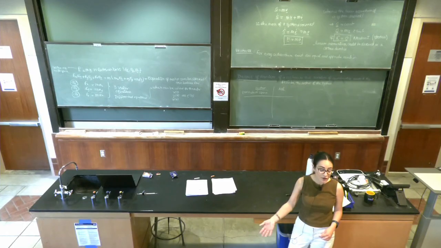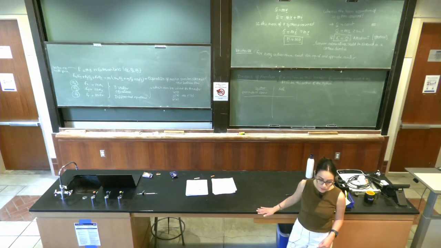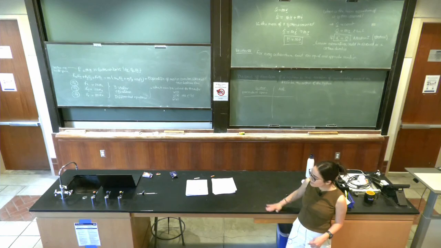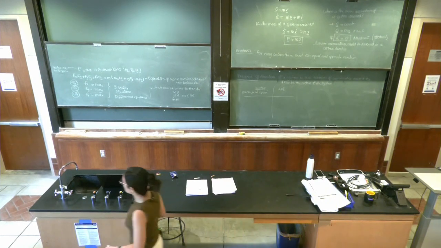How many constraints is it subject to? It's subject to 1 constraint, which is that it needs to lie on the surface of the table. If that's z equals 0, then it's subject to the constraint z equals 0. So let's write this down.